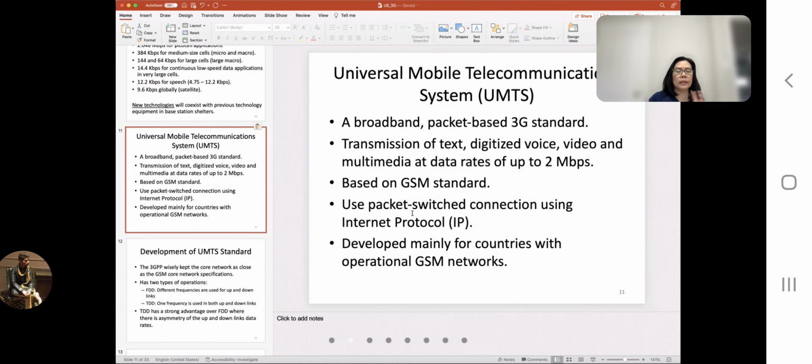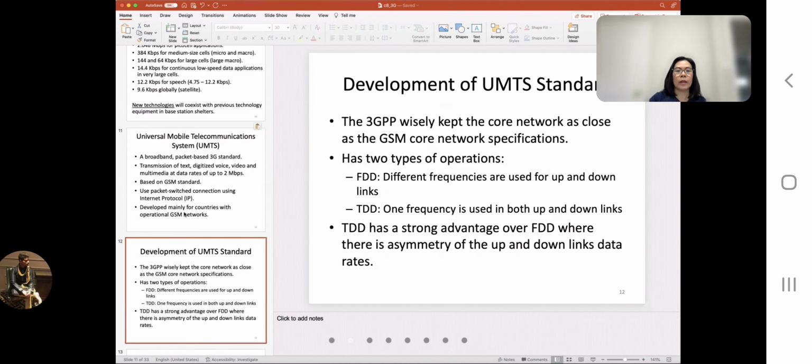And similar to GSM, it uses packet switch connections based on the IP protocol. And it was developed mainly for countries with operational GSM networks because we need GSM and we reuse the equipment of GSM for UMTS.